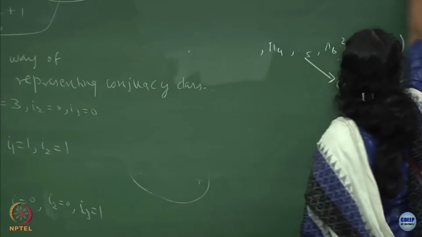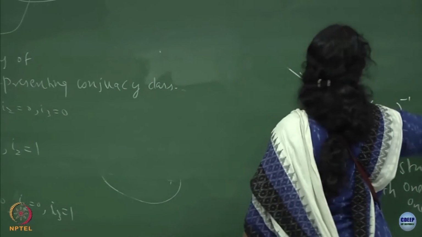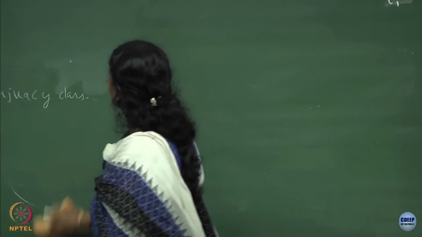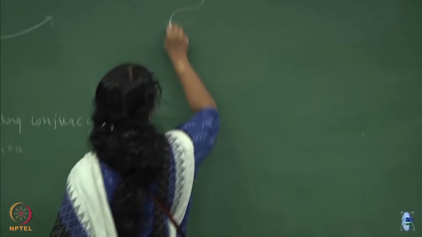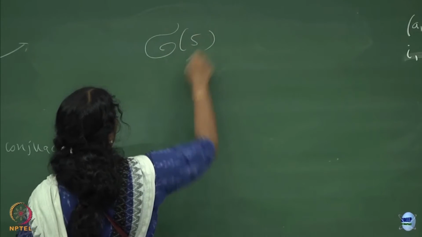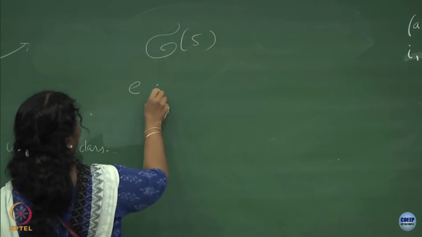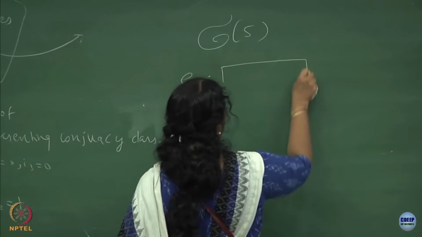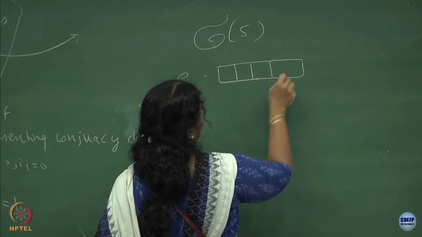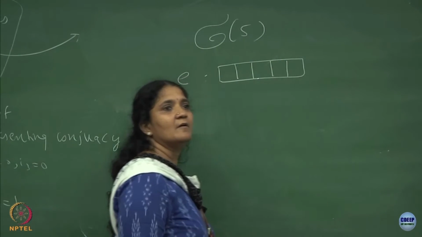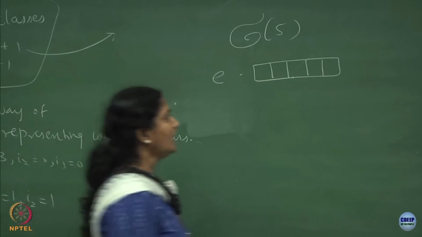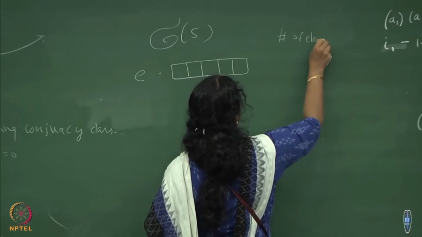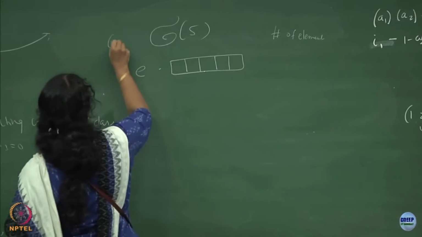let us do the symmetric group of degree 5. Can somebody enumerate for me? Degree 5, identity element will be, are you all with me? How many elements are there? This is a conjugacy class. Okay.